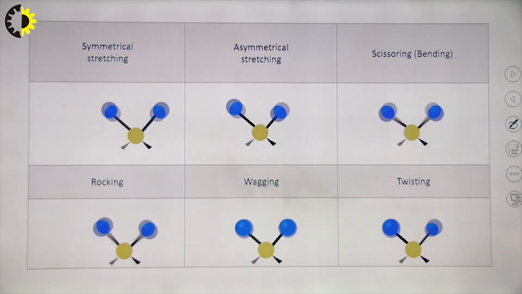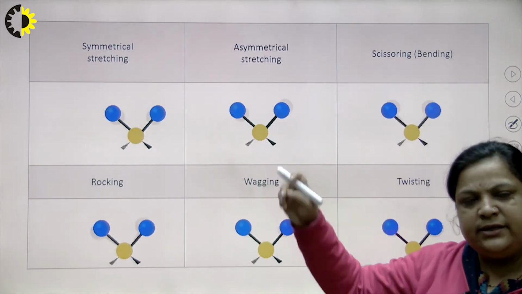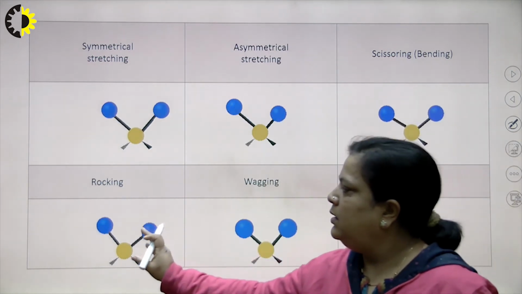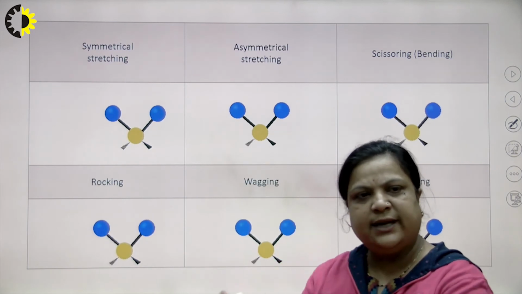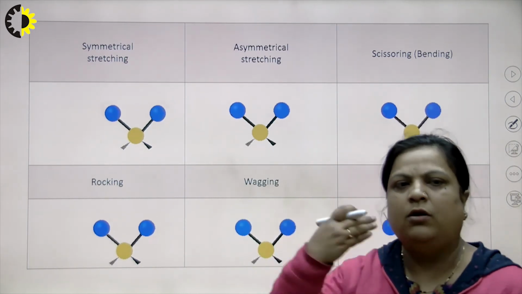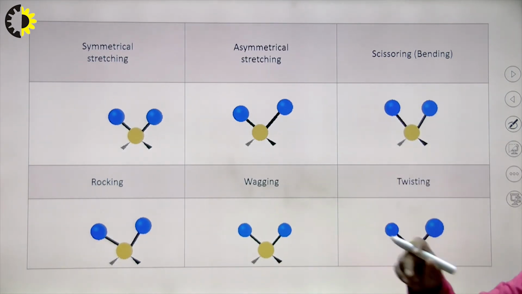So, I think it is clear. Symmetrical stretching, asymmetrical stretching, one bond is like this. Bending: scissoring, rocking this side or this side, wagging either in front of the viewer or both back to the viewer, and twisting one in front, one back.